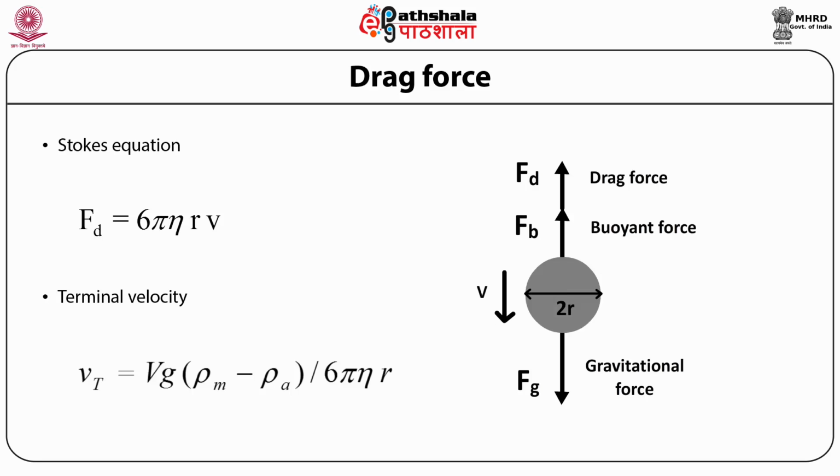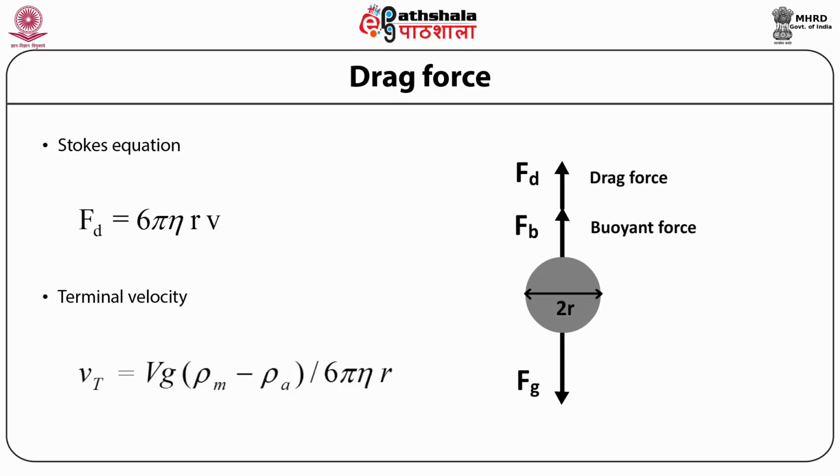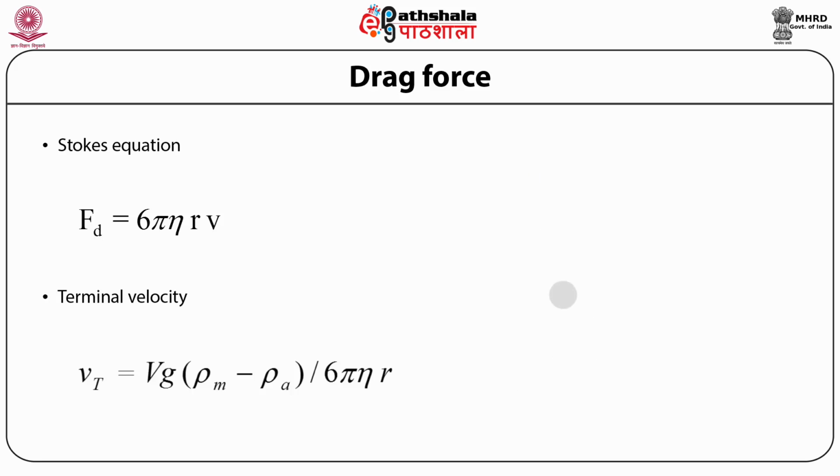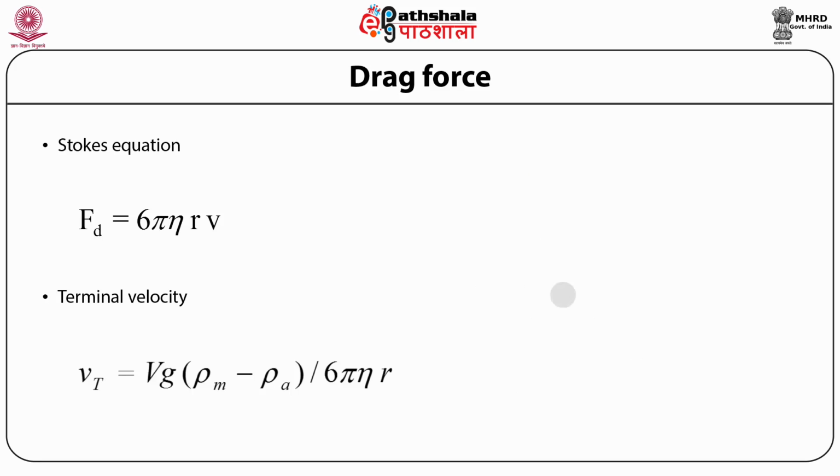As a result, the resultant force on the object is towards the ground. For this object, the drag force is given by 6 pi times the viscosity of the fluid times the radius of the object times the velocity. So at any point where the velocity of the object is given, we can estimate how much drag force is acting on the object. This equation is valid only for spherical objects and is known as the Stokes equation.